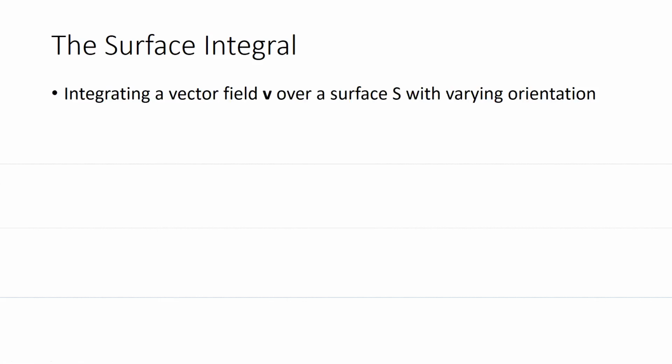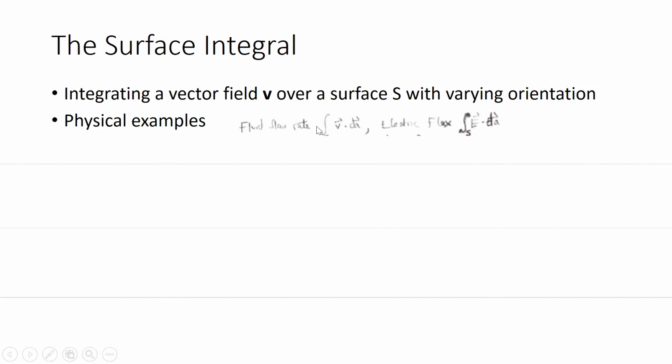Okay, let's move on to the surface integral. The surface integral involves integrating a vector field V over a surface S with varying orientation. Physical examples are the fluid flow rate.